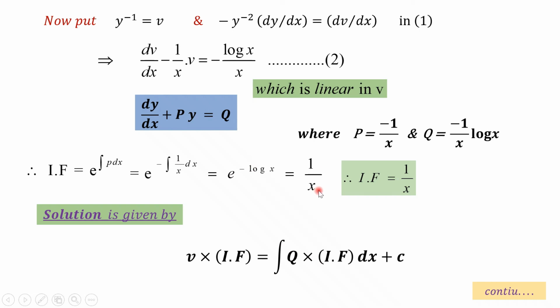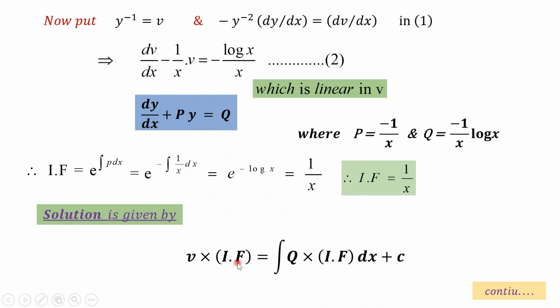Thus we get integrating factor equal to 1 by x. Now the solution is given by the dependent variable into integrating factor. In equation 2, there are two variables v and x. v is the dependent variable and x is the independent variable. Thus we have taken v here.